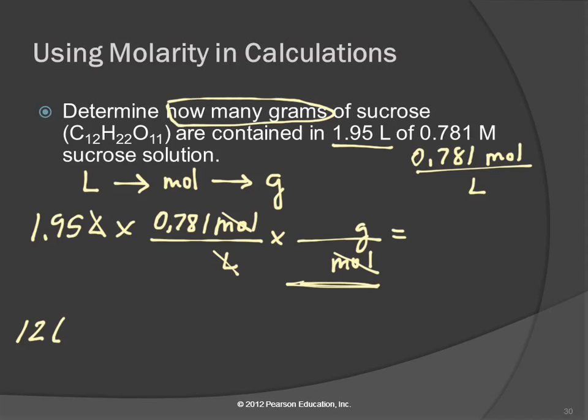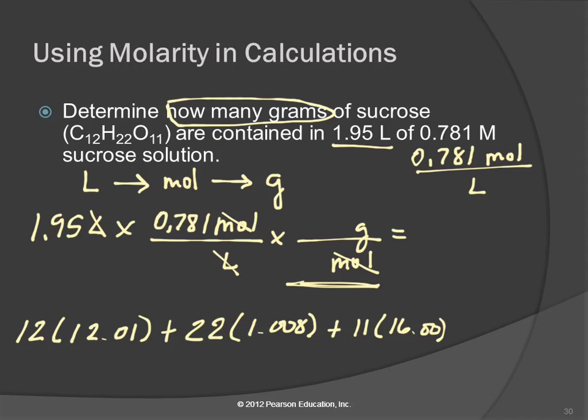So 12 carbons, each carbon is 12.01 grams. 22 hydrogens, 1.008, and then 11 oxygens. Keep forgetting to pull up my calculator. Cell phone to the rescue, right?